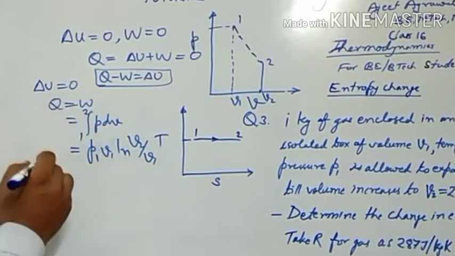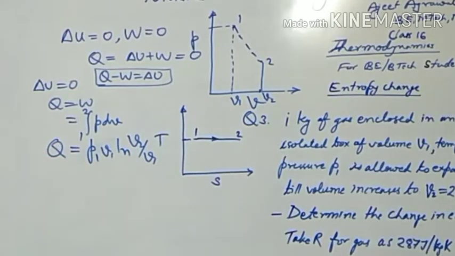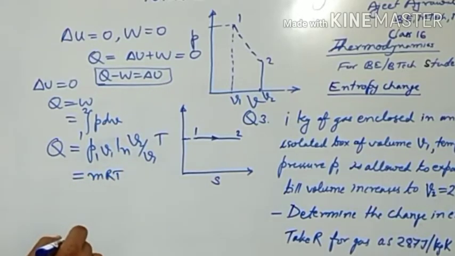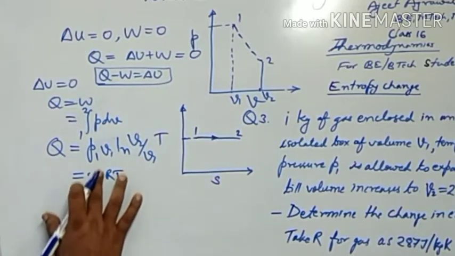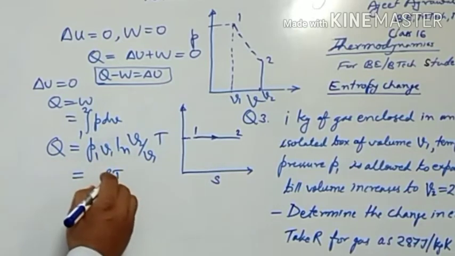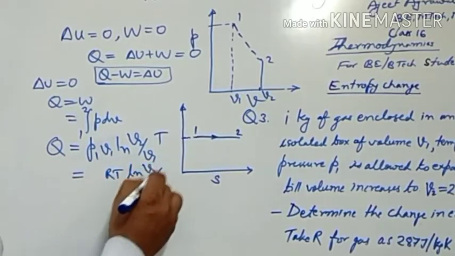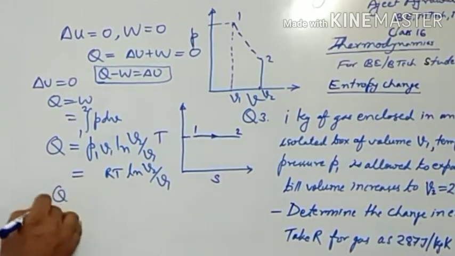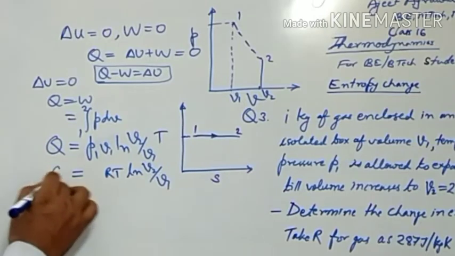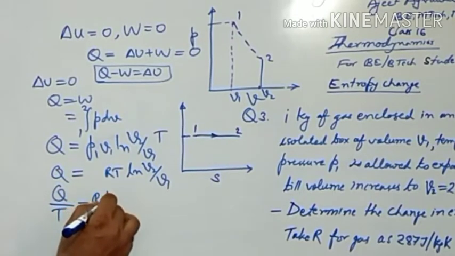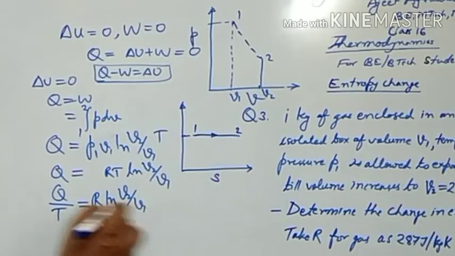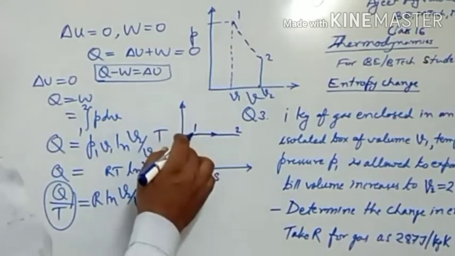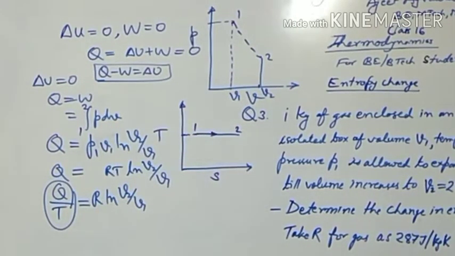This we had done earlier also. So this is the heat supplied. This we can write as mRT, or for 1 kg we can write RT. PV we can write as RT log of V2 upon V1. So Q by T is equal to R log of V2 by V1, and this is nothing but the change in entropy during the process 1 to 2 if I am considering an isothermal process.